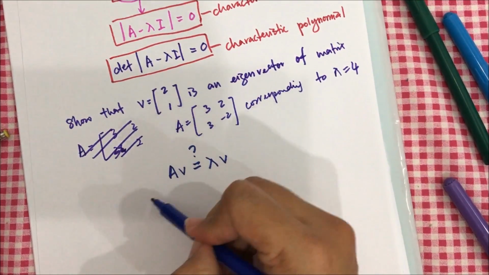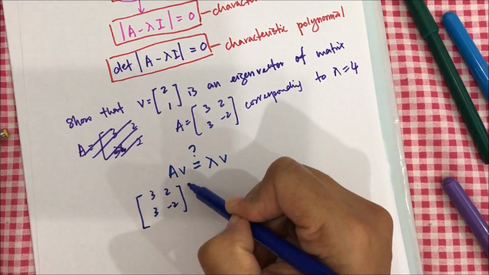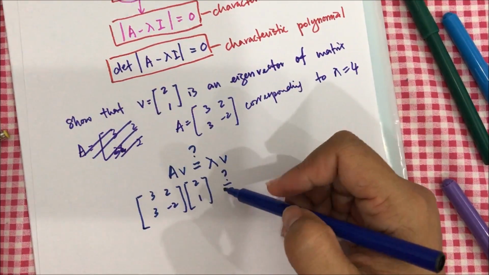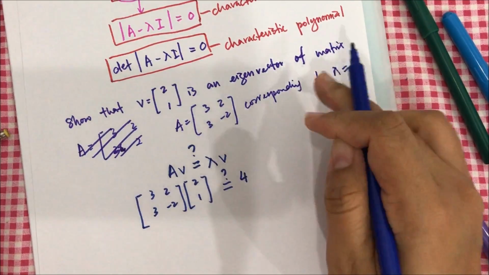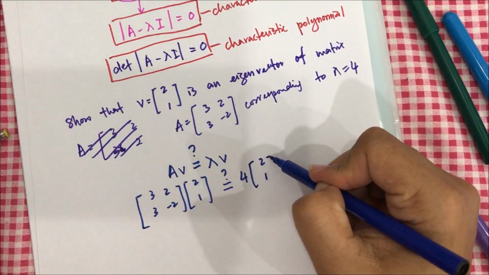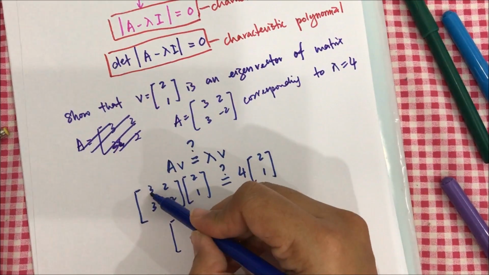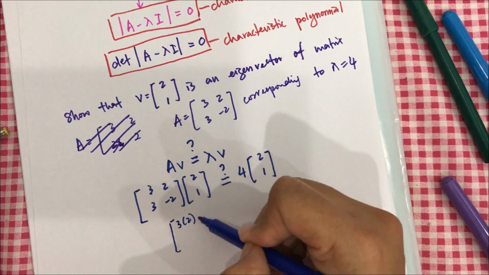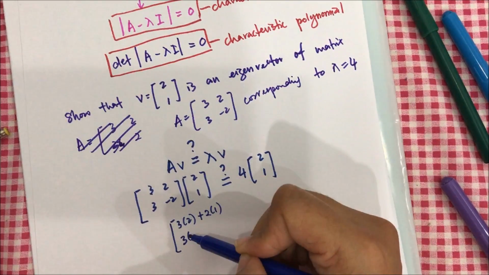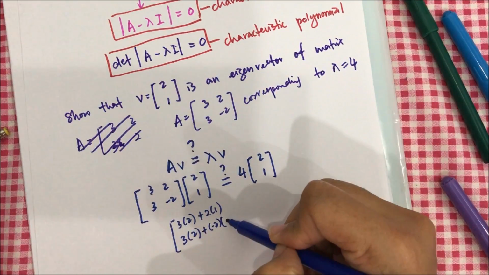So we have matrix A, [3, 2; 3, -2], times V. Is it equal to the eigenvalue times the eigenvector V? We don't know. So this one is 3 times 2 plus 2 times 1, and this one is 3 times 2 plus -2 times 1.